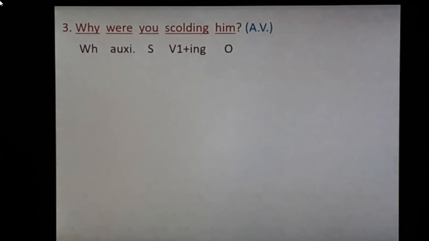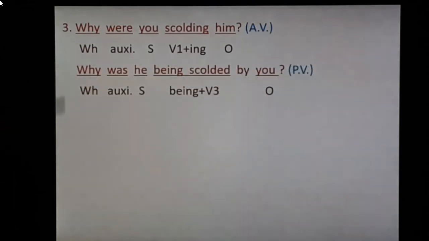Let's do WH questions. Why were you scolding him? So why, WH question, were, auxiliary verb, you, subject, scold, V1, ing. So scolding him, this is an object and this is active voice. How to turn to passive? Why, the same thing you have to write here.